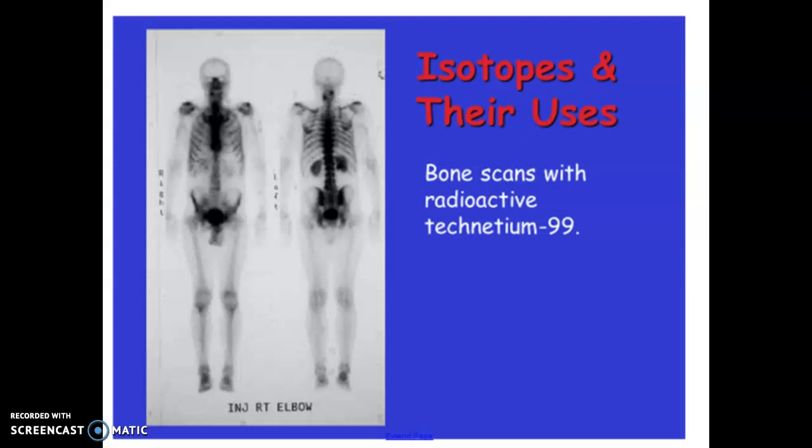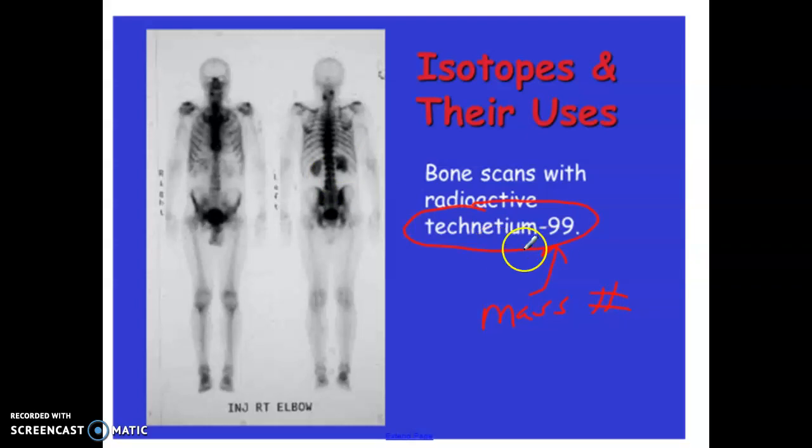For example, if a person were to go in for a bone exam or a scan, what would happen is the person is actually ingesting an isotope, technetium with a mass number of 99. Remember, anytime you see the dash and a number, that's always the mass number for that particular isotope.